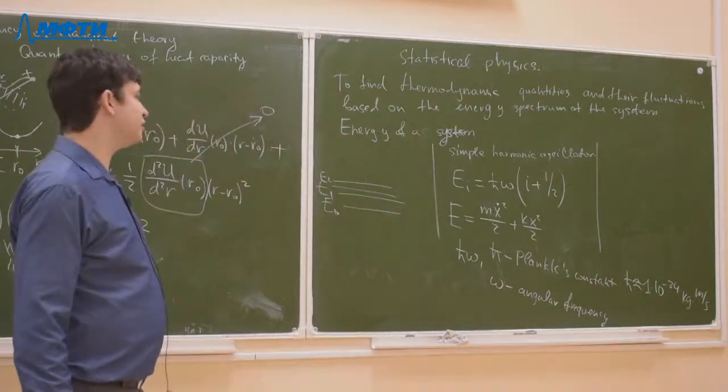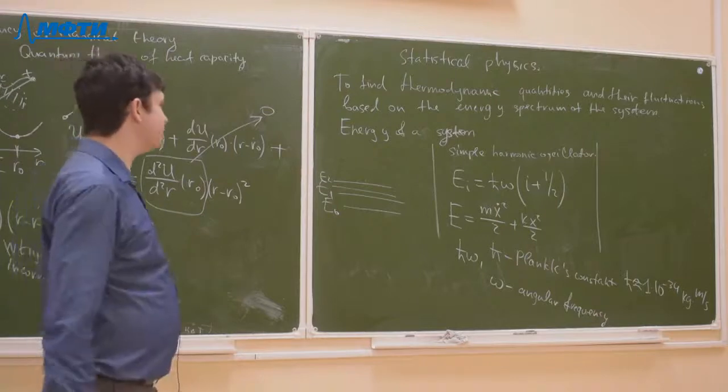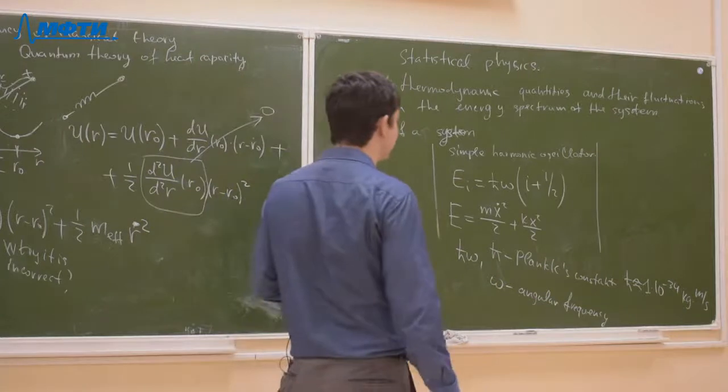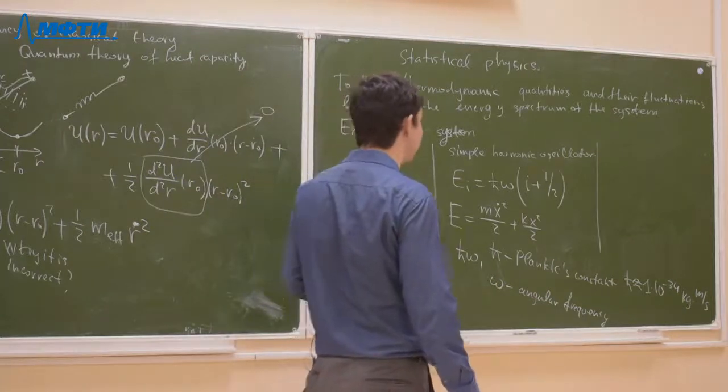Another example of a system which has a discrete energy spectrum is a rotating solid state body.